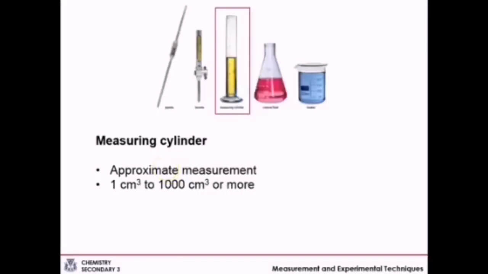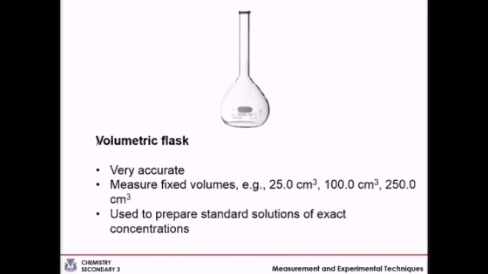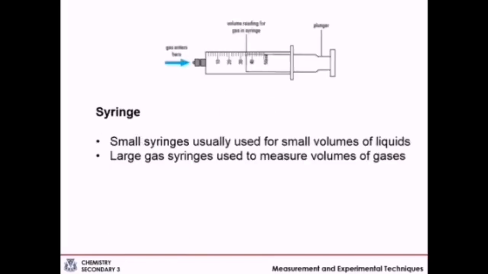Come back to our topic. So we have the burette, then we have the volumetric flask, then we have the syringe, which can also be used to measure a very small amount of liquid, for example 3 cc, 5 cc, 10 cc syringe.